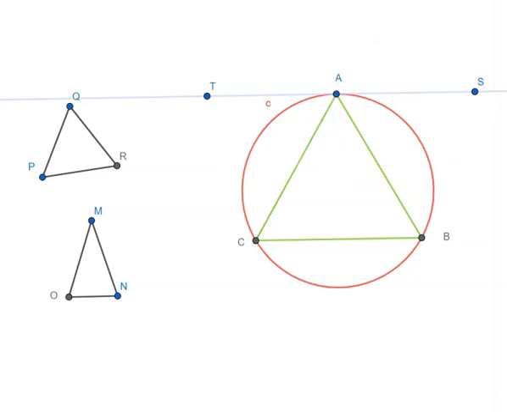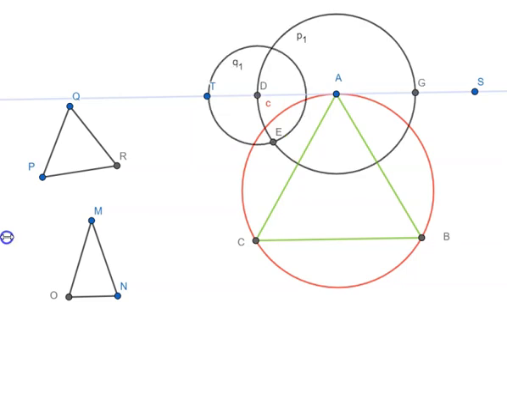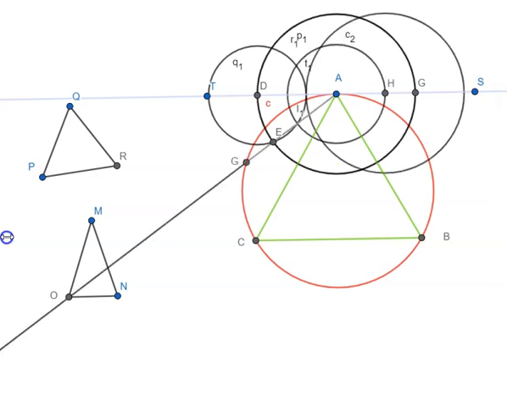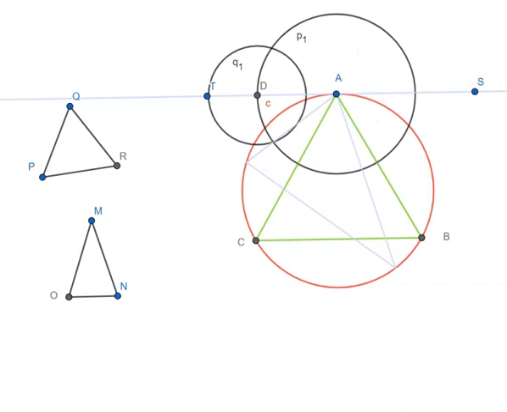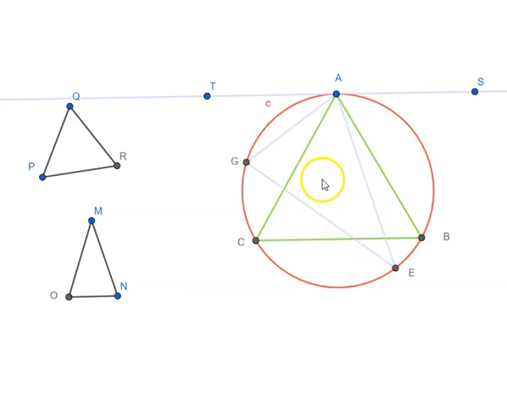Now let's begin with the pentagon, where we have to inscribe this isosceles triangle inside the circle first. So again we copy angles. Again we know how to copy. Now we bisect angles GAE and AGE.